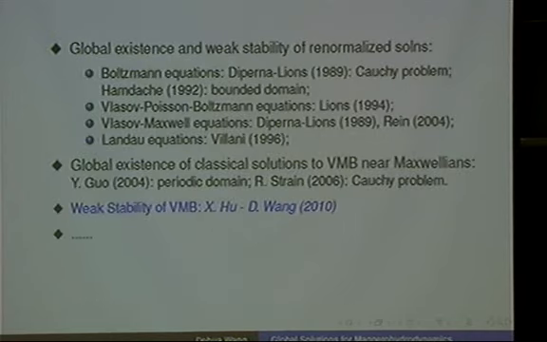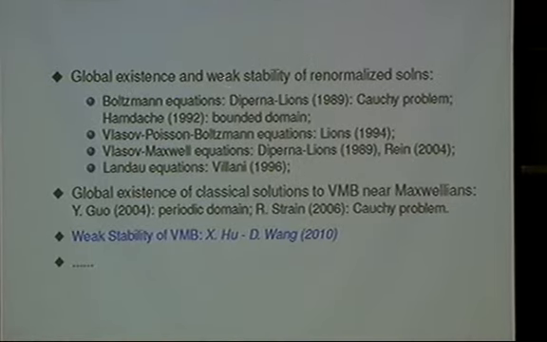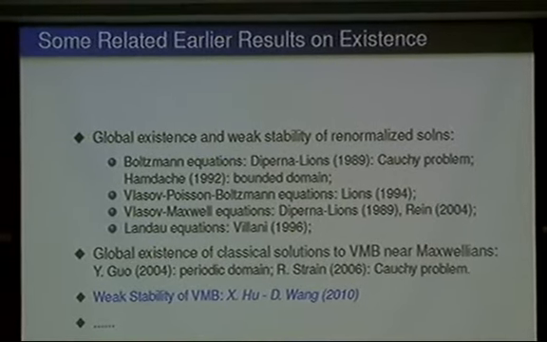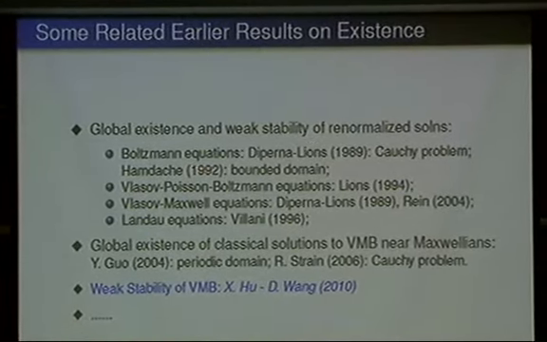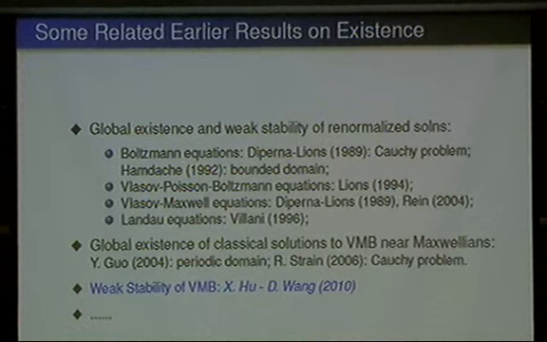So for example, some related results: we have the global existence and weak stability of the renormalized solutions. For example, for the Boltzmann equation, this is the classical result. Also for the Vlasov-Poisson-Boltzmann equation, and the Vlasov-Maxwell equation. And other things.